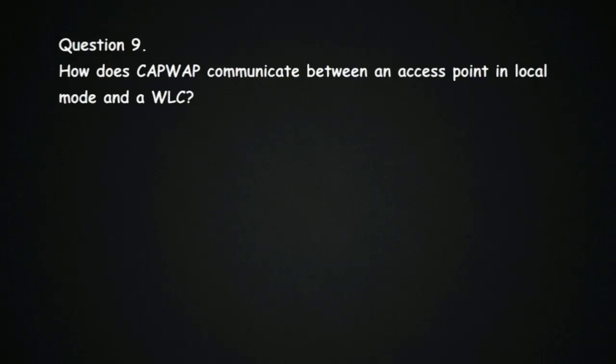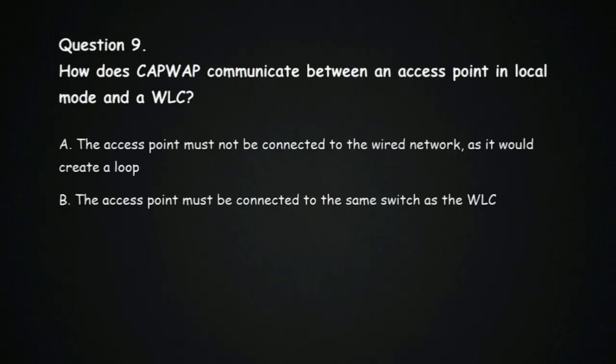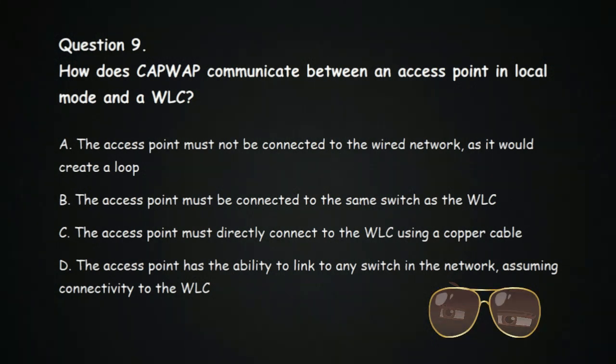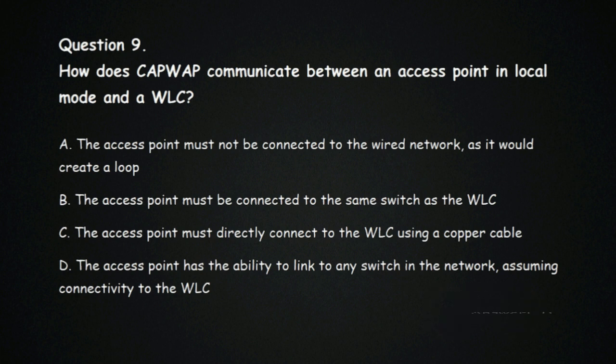Question 9. How does CAPWAP communicate between an access point in local mode and a WLC? Answer is D. The access point has the ability to link to any switch in the network, assuming connectivity to the WLC.